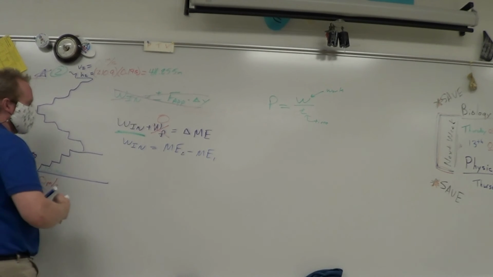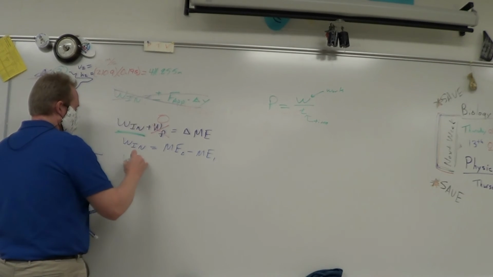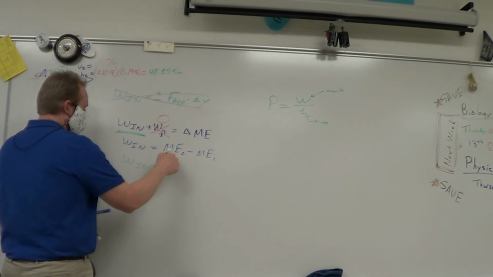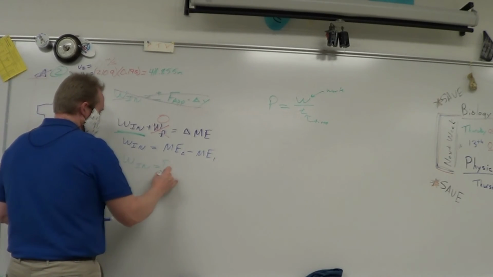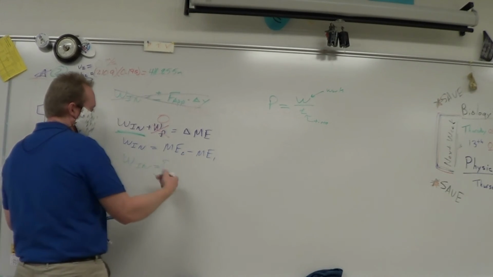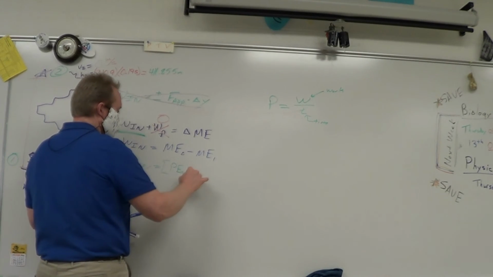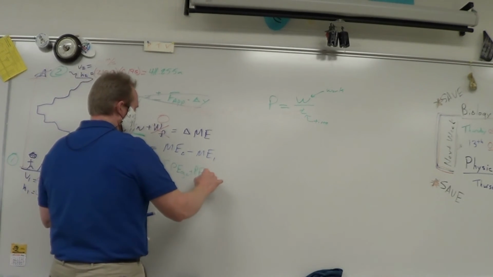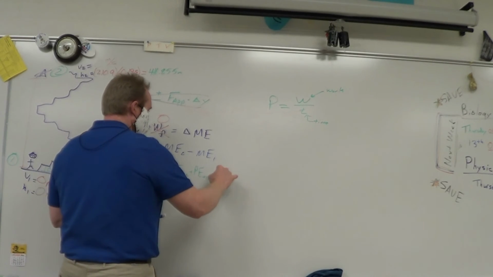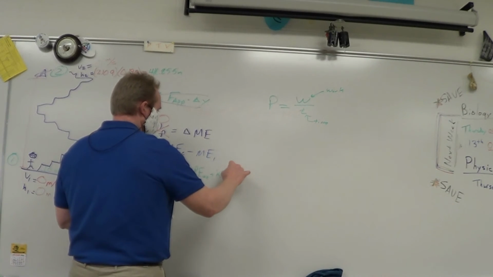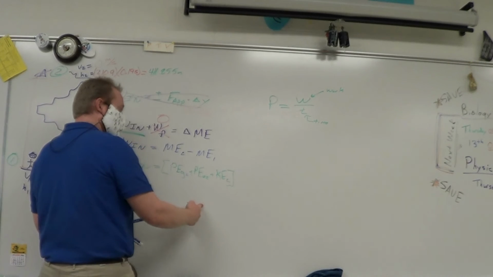I would encourage you not to get lazy on this part. Sometimes people are like, I'm just going to write the ones. I would really encourage you to write all of the types of energies out and then cancel them one by one after you think about whether that type of energy is there.